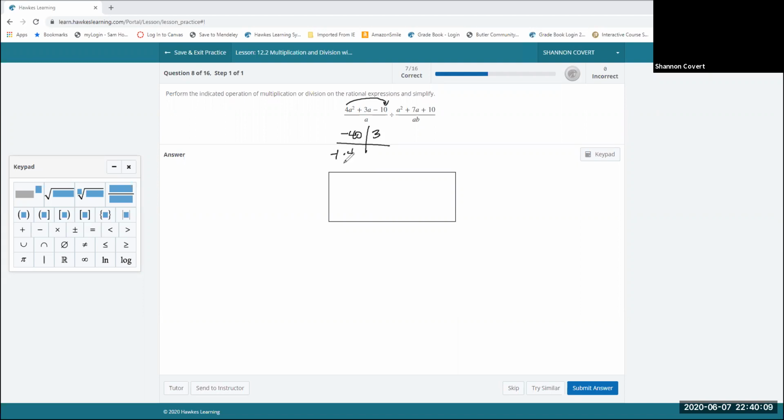Negative 1 times 40, negative 2 times 10. How about negative 2 times 20? Negative 4 times 10. Negative 5 times 8. And that's the combination that I need. Negative 5 plus 8 gives me 3.